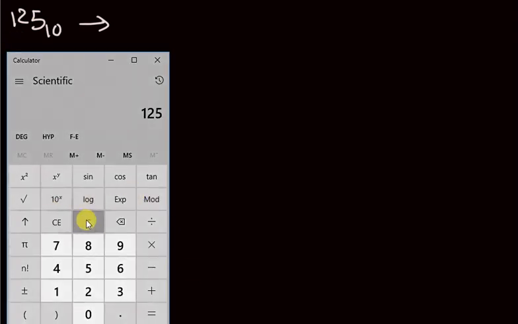If I put 2 to the power of 5, it will give me 32, which is smaller, no good. 2 to the power of 6 gives me 64, which is still very small. 2 to the power of 7 gives me 128. That is right the number that I want.